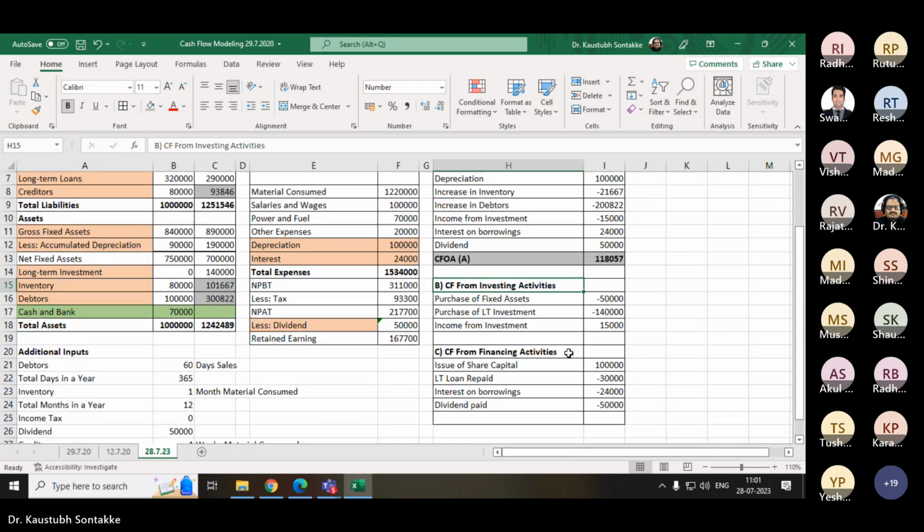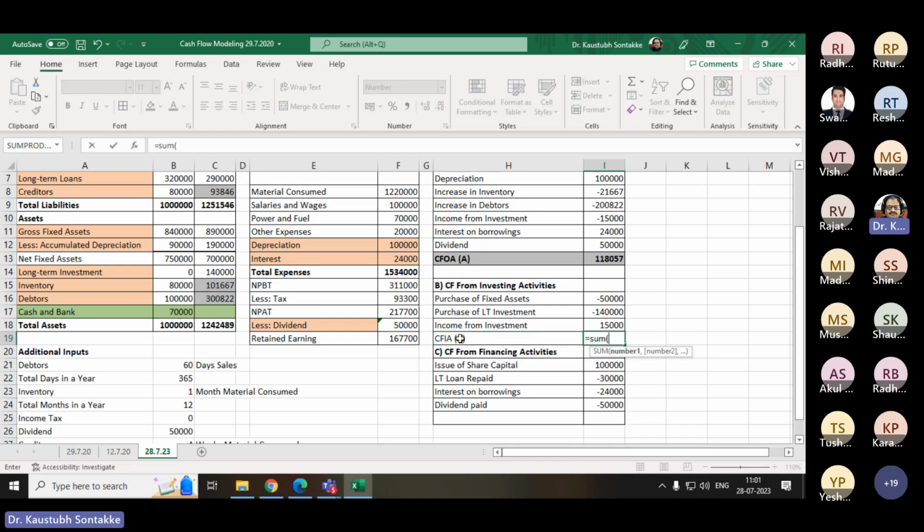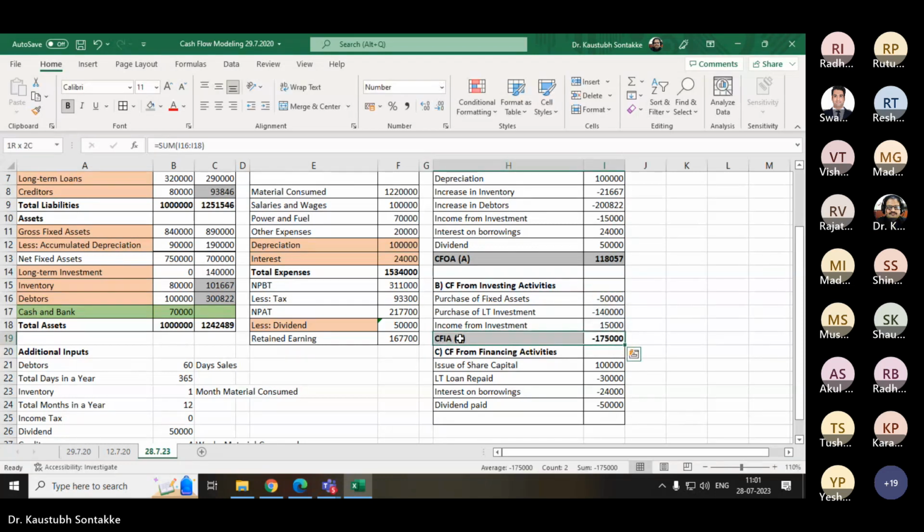Then I will have CFIA, that is cash flow from investing activities. I'll call it B and make the sum. Again, bold and color coded.